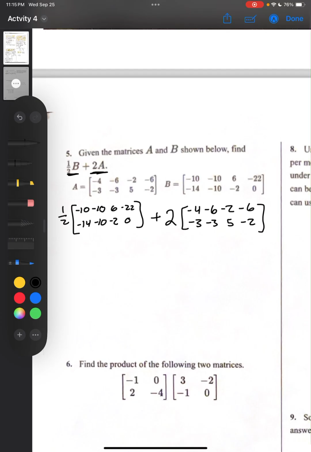Now again, when you are multiplying, you will just multiply each part of the matrix by that number. Just to save us space, I can show what they already added to. Let me do that step for you guys.